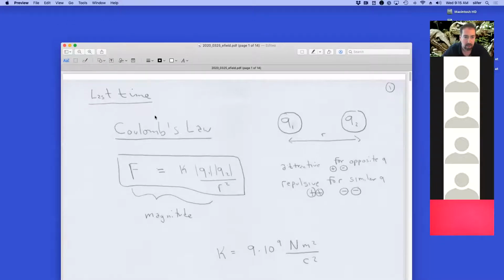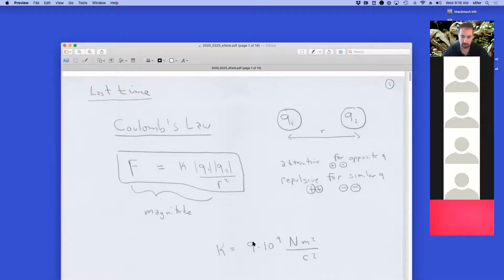Okay. So what we did last time was Coulomb's law, and just reminding you what it was, we have this slightly complicated equation where the force is given by the magnitude of the two charges involved, Q1 and Q2. They're separated by some distance r, and the force is going to be given by Q1 times Q2 divided by the distance squared.